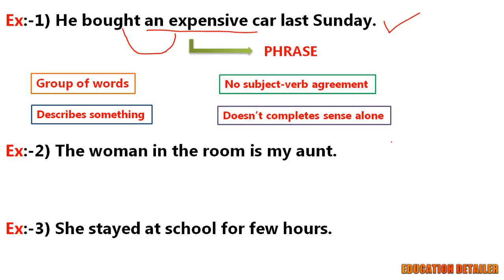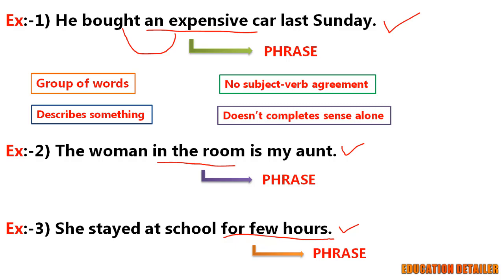In the second and third examples, the woman in the room is my aunt, and she stayed at school for few hours. Here, in the room and for few hours are called phrases.